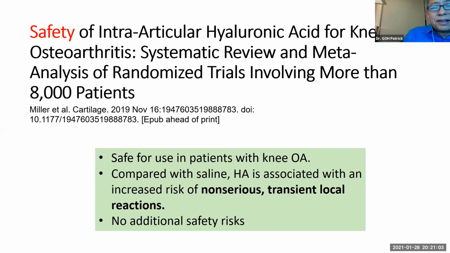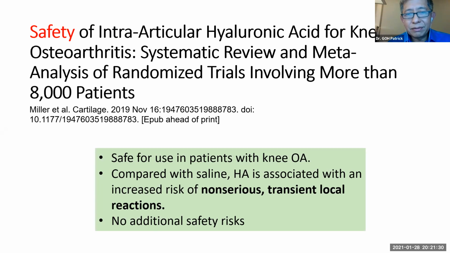Now, one of the concerns with hyaluronic acid is safety. If we are concerned with the injectate we use, whether it's steroid or hyaluronic acid, we also have to look at the safety considerations. Again, a meta-analysis of RCTs, published by Miller in 2019, shows that it's safe for use.